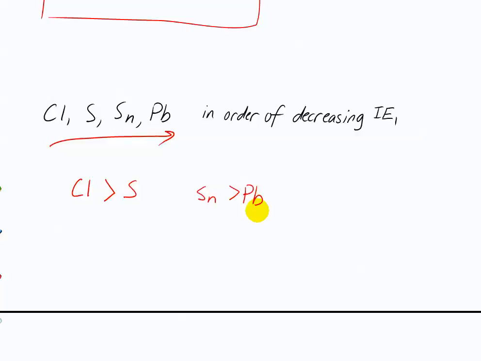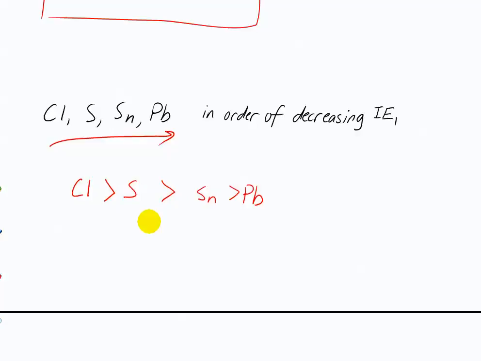Probably less than sulfur, right? Because it's like 2 shells away. And we know that moving to a different shell has a pretty big effect. Because in tin, you're taking out the 5p, and in sulfur, you're taking out the 3p. So that's 2 shells of difference. So we should probably put that, well, right where it is, right?